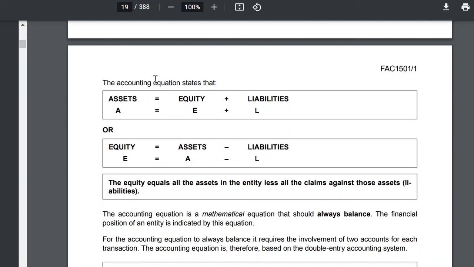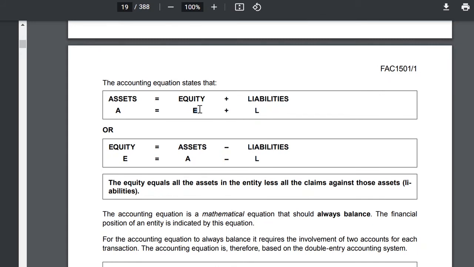I'm gonna repeat the answer for Walton's, the first example. I said in Walton's it was asset and income. And I said plus 5,000 asset, because it's increasing, plus 5,000 under equity because income is increasing.